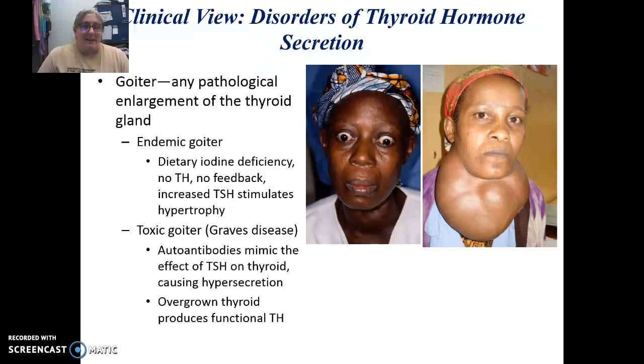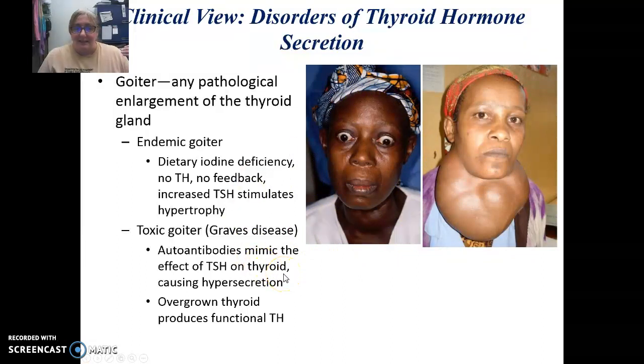They mimic thyroid stimulating hormone activity, and they continuously stimulate the thyroid gland. But in this case, we have enough iodine in our diet, so we're overproducing thyroid hormone. We're going to have very little thyroid stimulating hormone because we have so much thyroid hormone in our system. This is going to lead to hyperthyroidism effects.